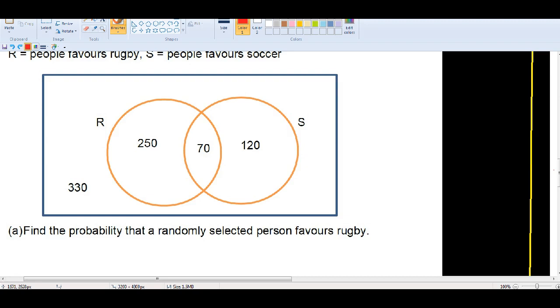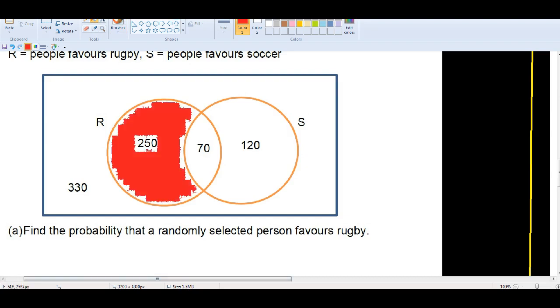In the circle of rugby, there are 70 people in the overlapping area of both circles. That means there are 70 people who favor both sports, and 250 people who only favor rugby.